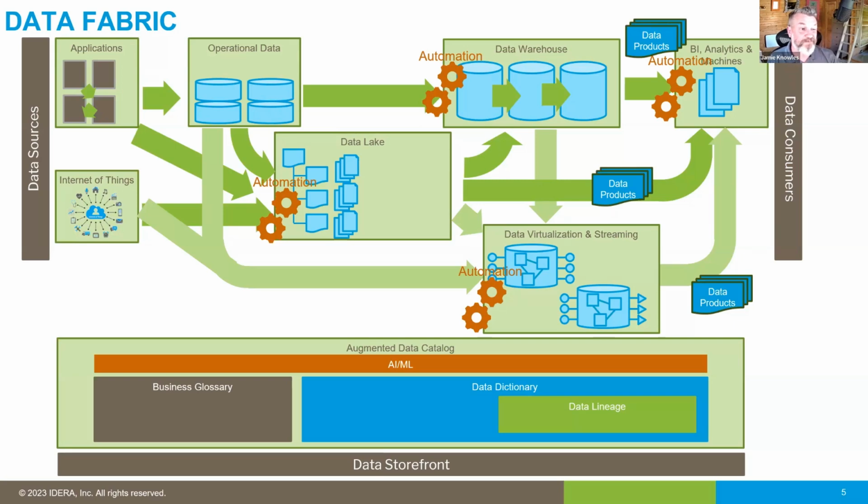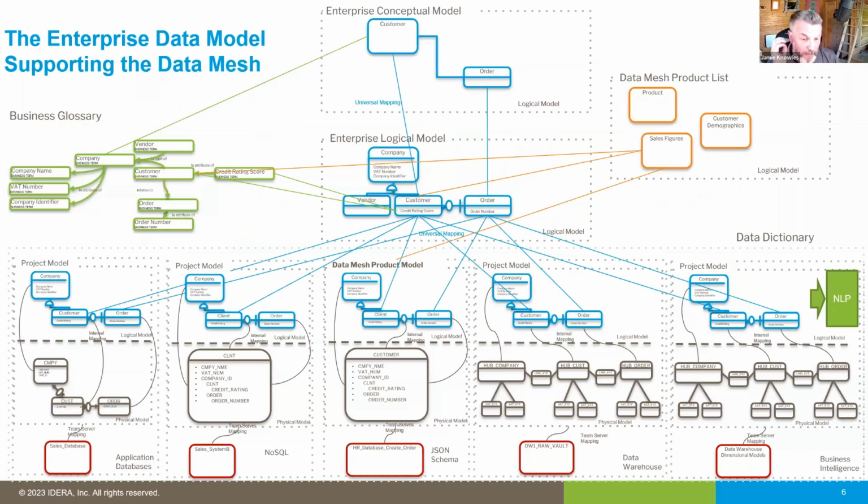And that's really where models come in. So what we want to really avoid is silos of data that's not being reused. We want to make sure that we've got good, well-designed, well-understood data products of fresh, good quality data that we know about and we can guarantee. So models like this are really important, where we've got a business glossary.